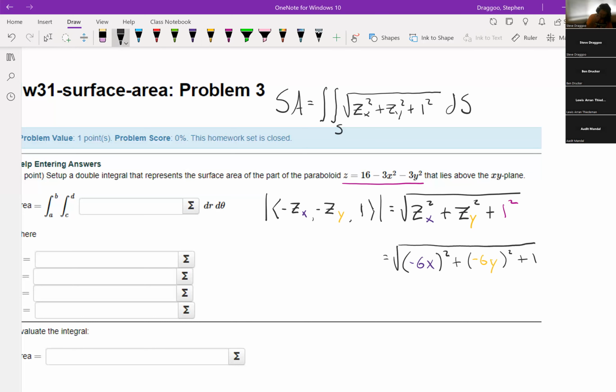Make my square just a little bit longer. And I can simplify this thing a little bit. 36x squared plus 36y squared.